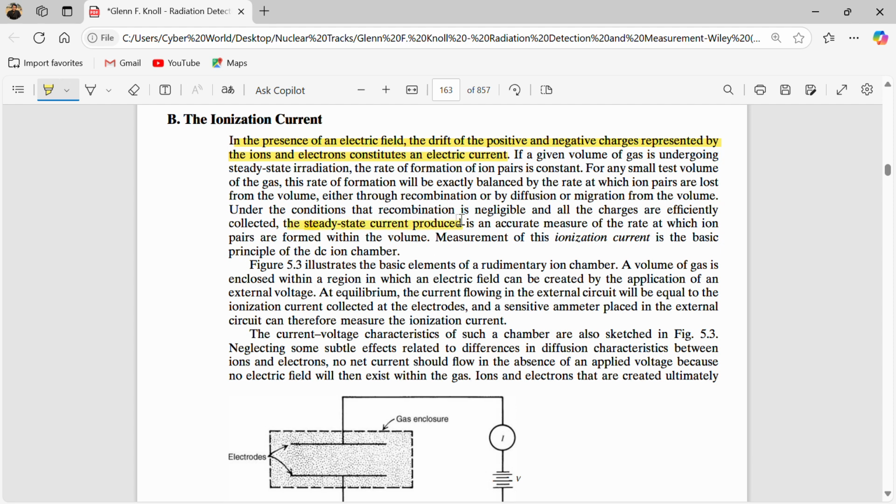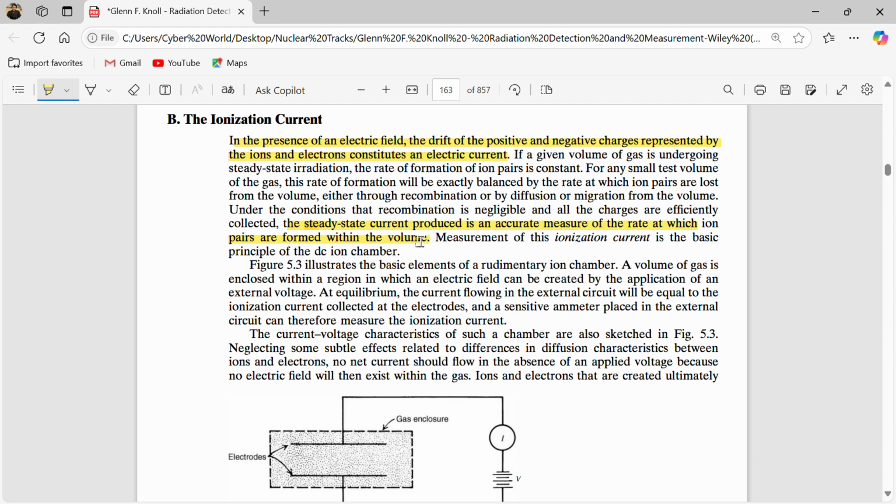The steady state current produced is an accurate measure of the rate at which ion pairs are formed within the volume, meaning within the chamber, where the ion pairs are produced and give a steady current. This is basically the ionization current, and it is not due to excitation.